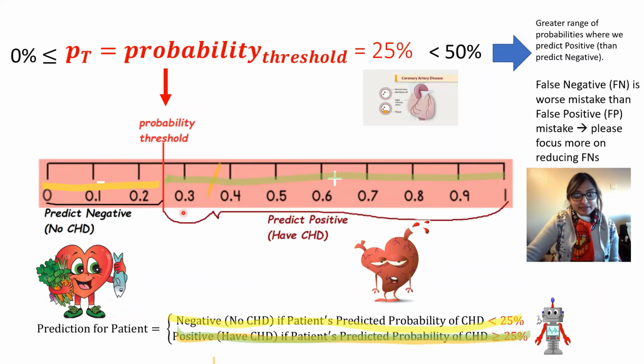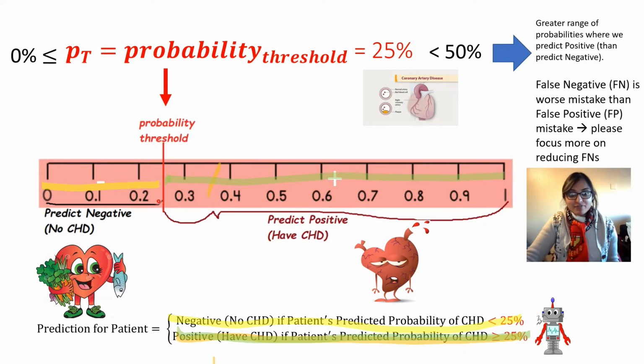The negative range is much smaller than the positive, so there's a greater range of probabilities where we predict positive for the patient. If the patient has a predicted probability of 30% or 40 or 41% or anything greater than or equal to 25%, we are predicting that they're positive, that they have coronary heart disease.